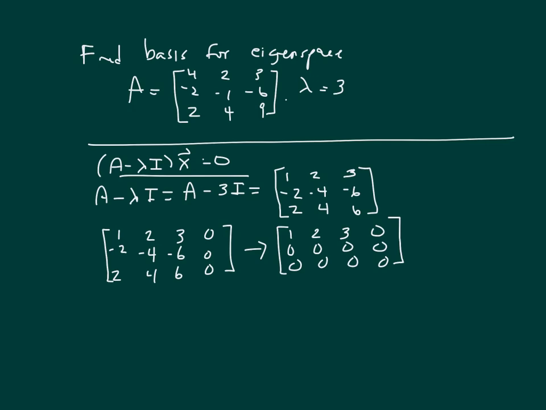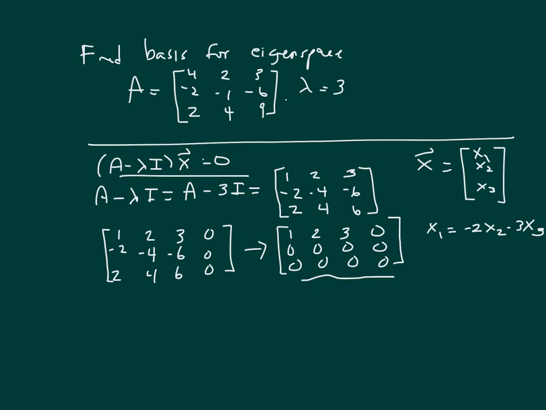And if we're thinking about the solution, remember our x vector, our unknown vector, is a 3 by 1. If we think about this being the augmented matrix relating to this solution, then our x1 is equal to minus 2x2 minus 3x3.